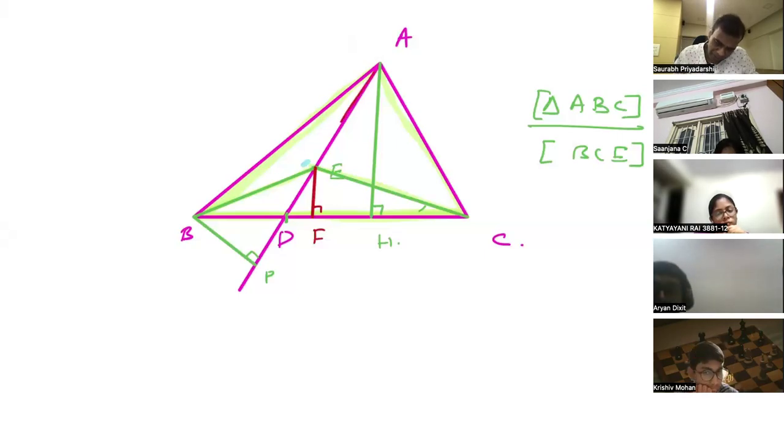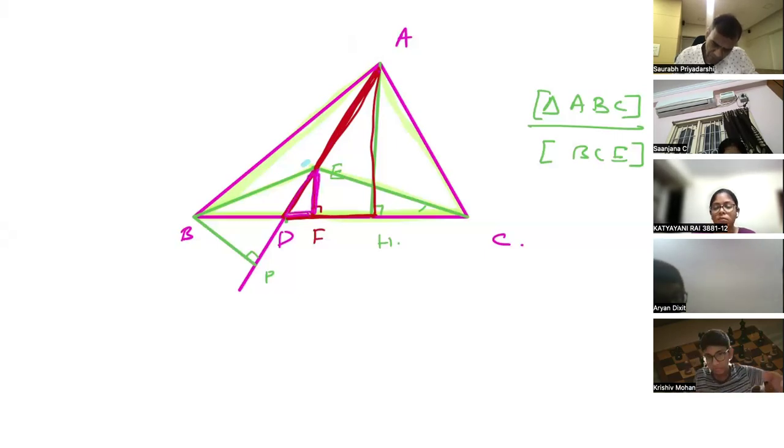We can apply Pythagoras theorem in this. So this is AD, this triangle, and the second triangle is this one. What can you say about these two triangles? They're similar, right? So the ratio of sides will be in the same ratio.